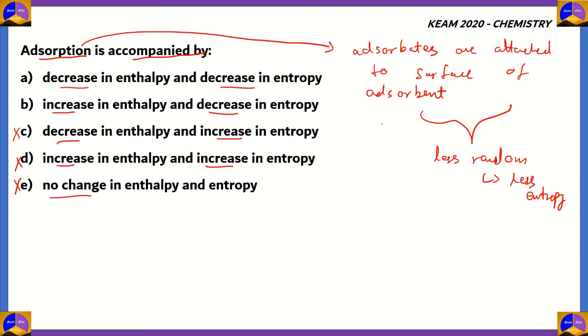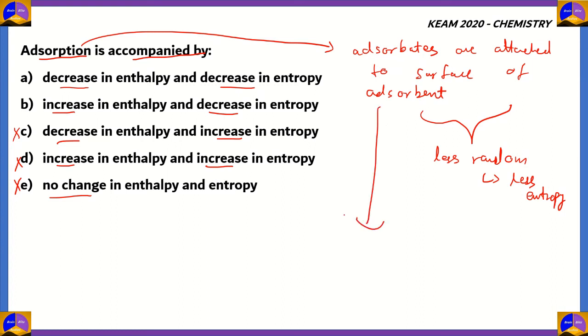Well, this process, where adsorbates are attached to the surface of the adsorbent, is always exothermic. The reason being that the intermolecular attraction of the adsorbent molecules makes the surface molecules want to attract other molecules so that they can release their energy.